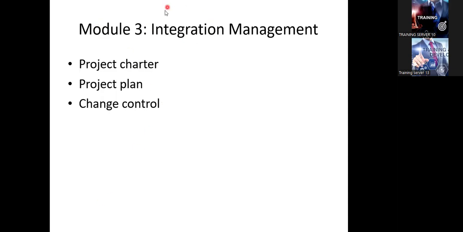If we are speaking about integration management, that means you are working with other parts of the organization, with cooperation, to have a mutual language between you and other managers in the company in order to have success and deliver the project the right way.